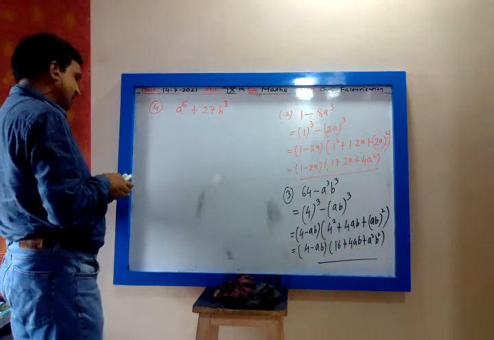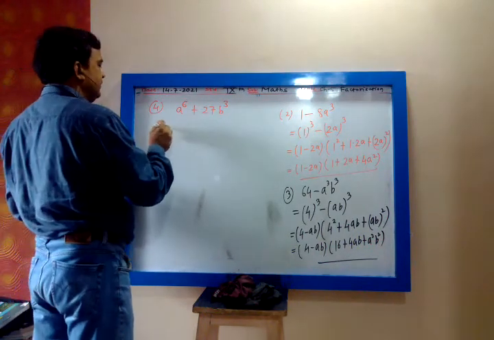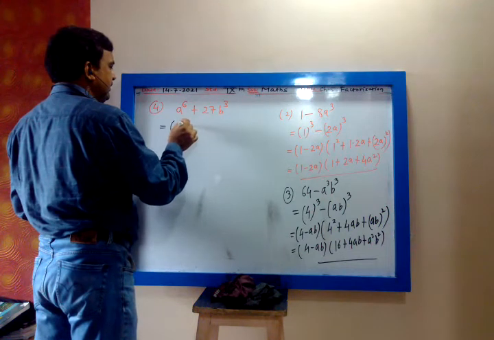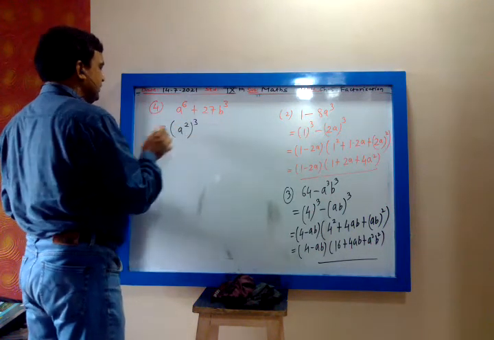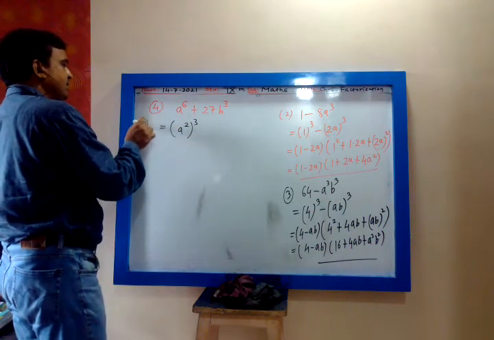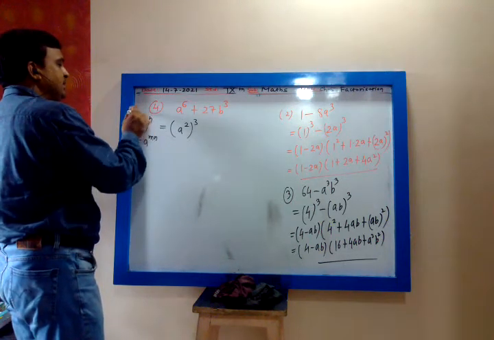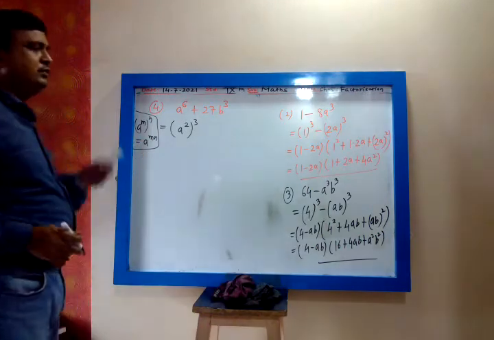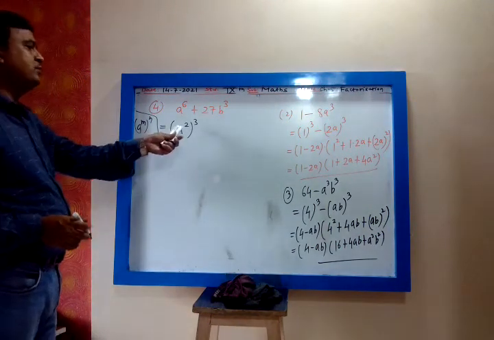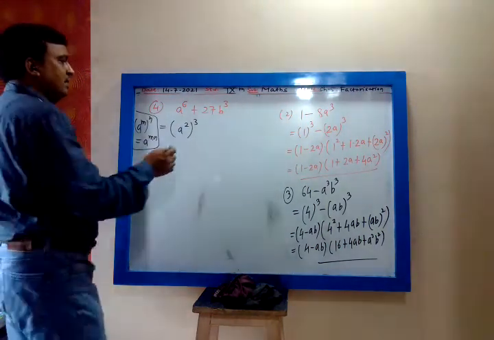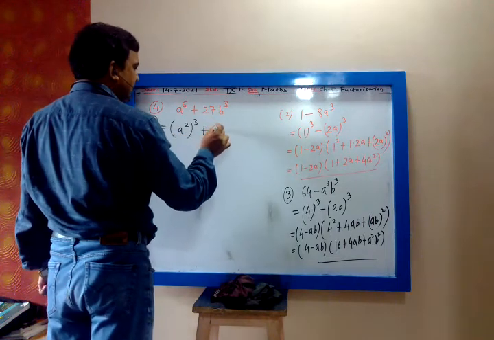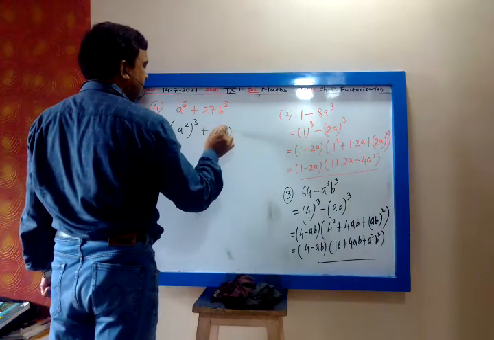A raised to 6 you can write a to the power 2 raised to 3. See, a raised to m raised to n is a raised to mn. Power raised to power, you have to multiply the power. So a raised to 6 I can write a square whole cube, 2 into 3 is 6. And 27 b cube I can write 3b whole cube.